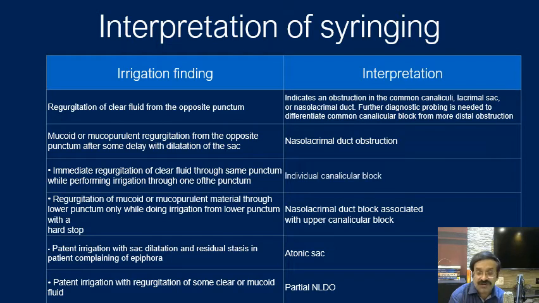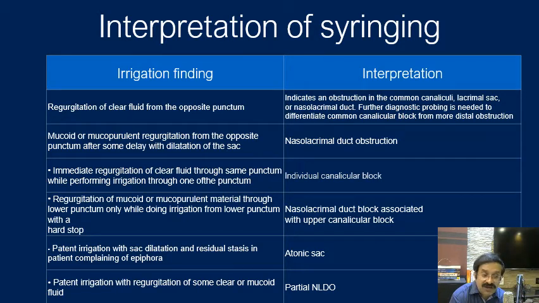So no fluid is coming out from the upper canaliculus, and the fluid is being forced through the same canaliculus. Now, scenario 5, patent irrigation with sac dilatation and residual stasis in the patient complaining of epiphora.